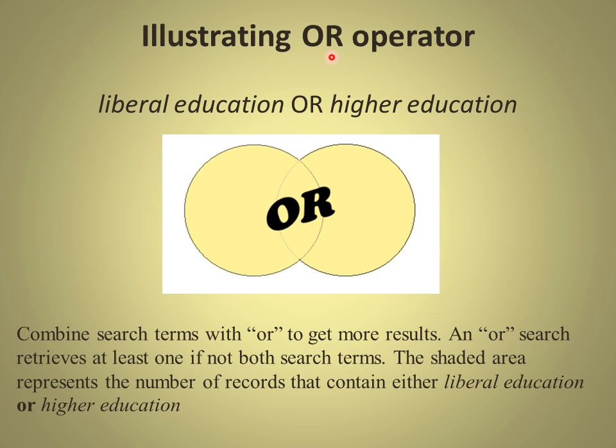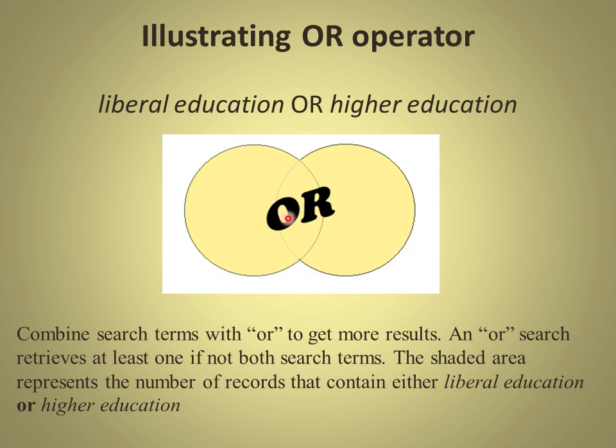The OR operator retrieves records that contain at least one of the search terms. In this example, the search will retrieve records with the term liberal education or the term higher education or both. OR is most commonly used with synonyms. Now this circle represents liberal education and this represents higher education.